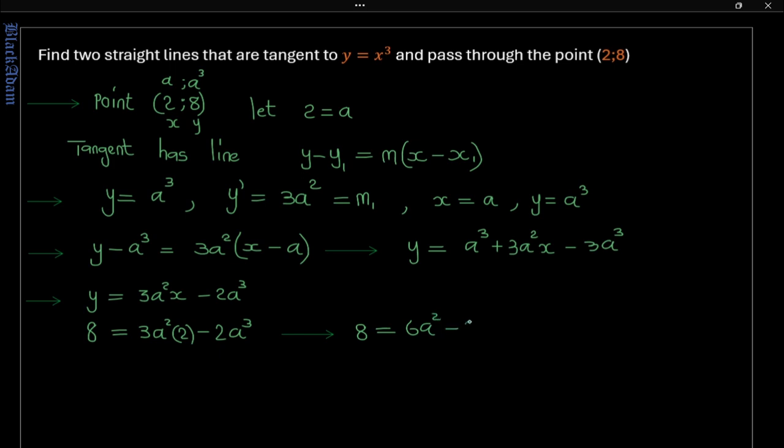And that will give us negative 2a cubed plus 6a squared, and then we take 8 to the right hand side, so it's negative 8, all that equals 0.